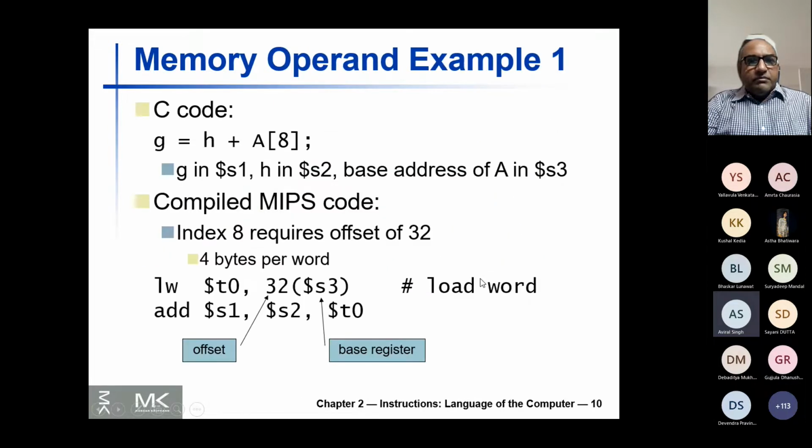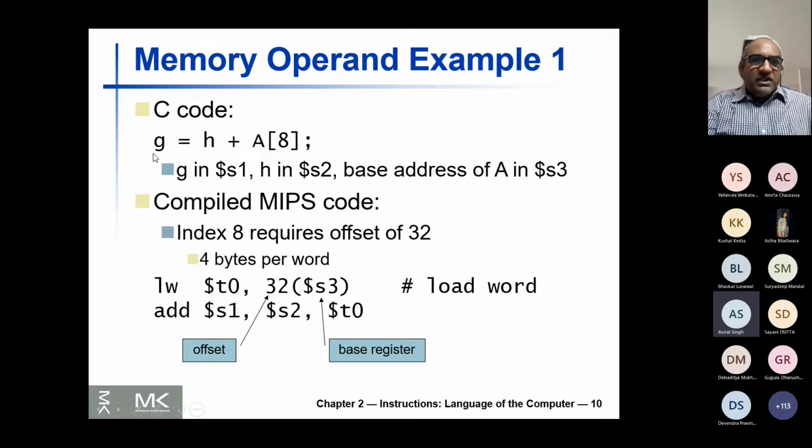Now, after knowing about the memory operands, let us see an example, a simple C code which involves an arithmetic operation where one of the operands may be present in memory.